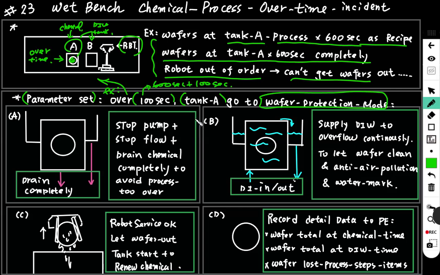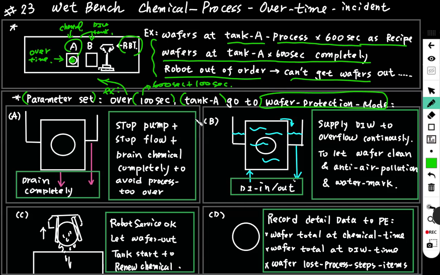If the process time is not over 100 seconds, then tank A will not go to wafer protection mode. If the robot can be fixed to normal during the 100 seconds period, the wafer and the machine will go on to operate normally.